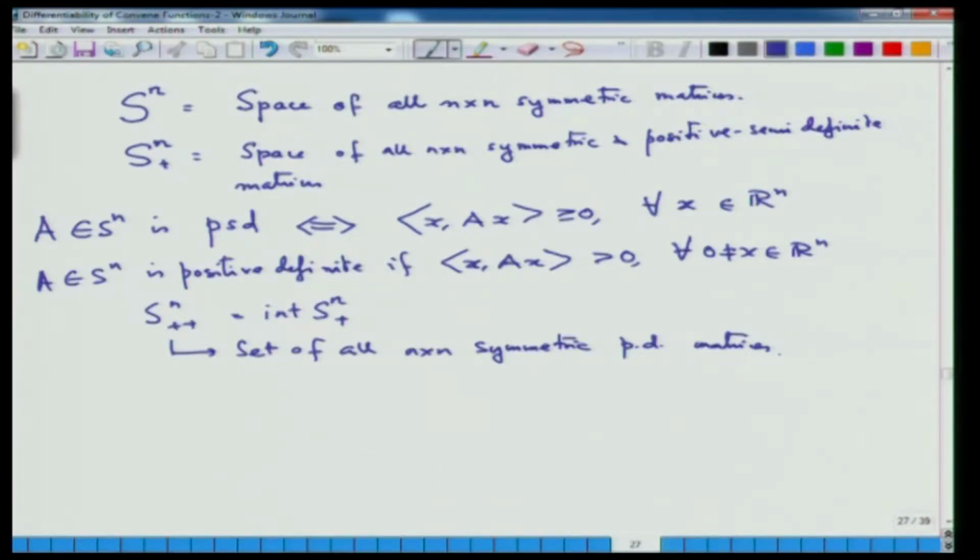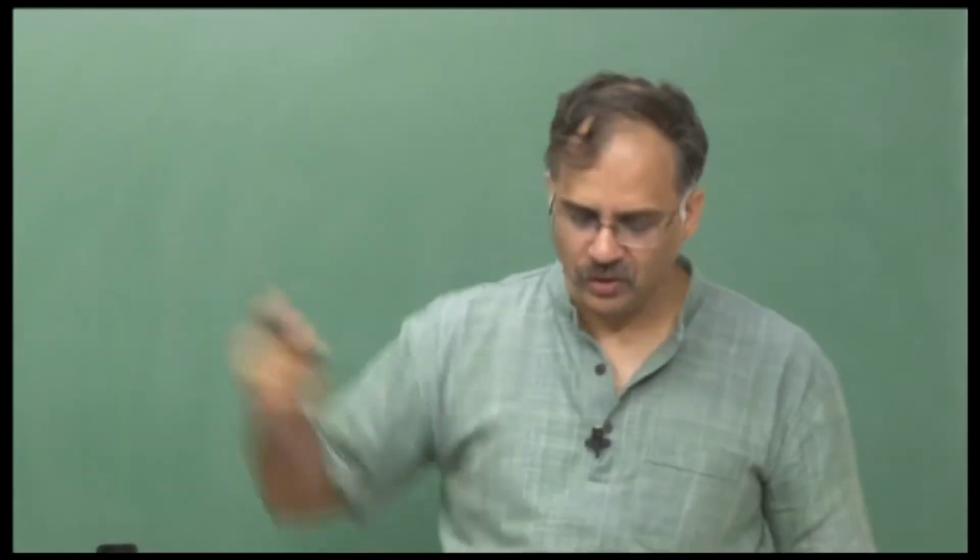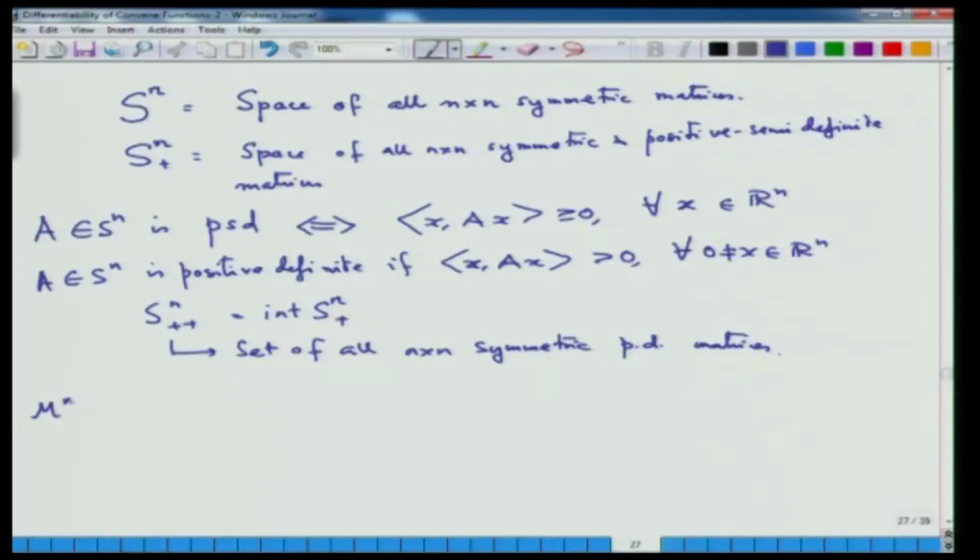Now, how do you relate a matrix? Suppose Mn is the space of all n cross n matrices.